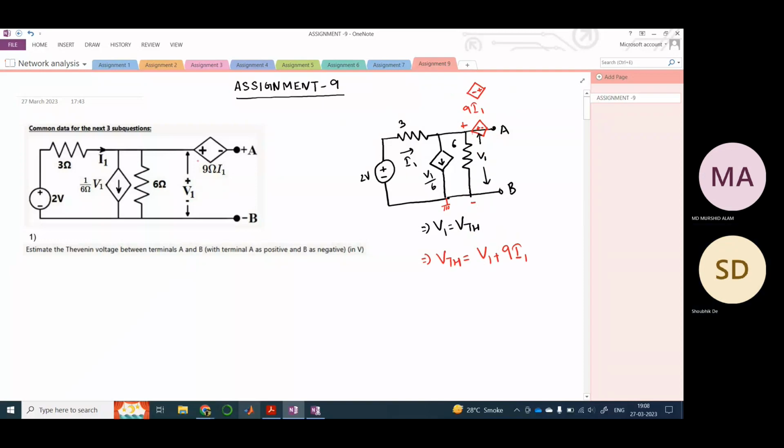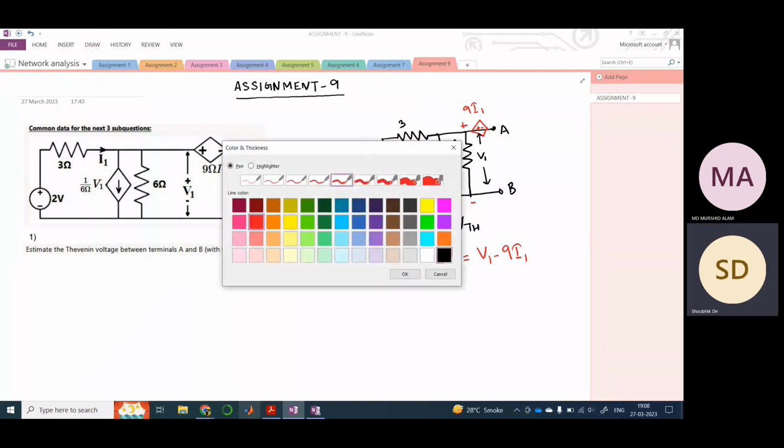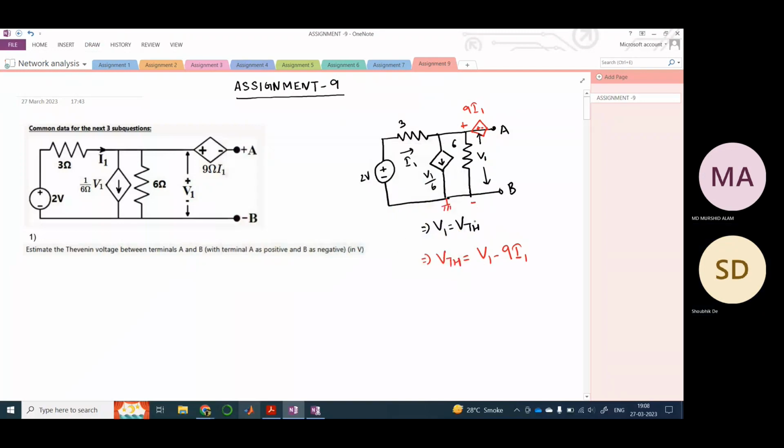But instead, as we can see, the plus is on the left side and the minus is on the right side, and it is opposing the V1, the voltage across the 6 ohm resistor. Therefore, this should be minus and not plus. Okay, so I'll just erase this. So this is how we obtain the VTH for this circuit.